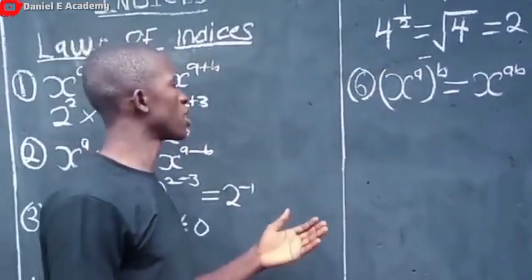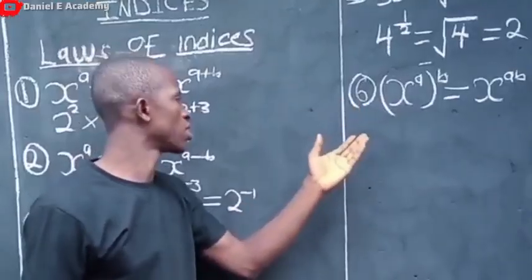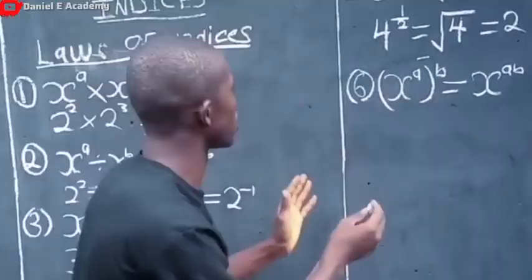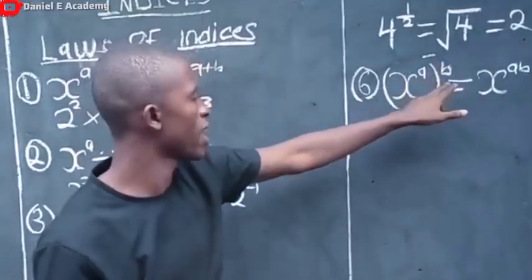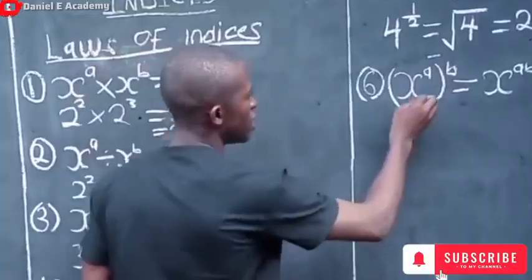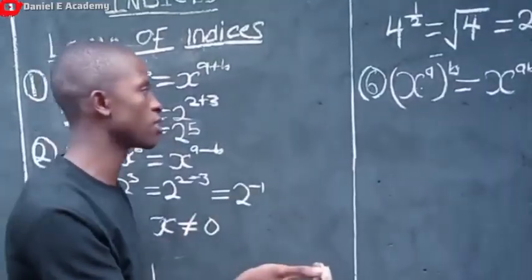What this law is trying to tell us is that whenever you have a number to a power enclosed in brackets and also to a power, the power outside the bracket affects whatever is inside the bracket, which is to multiply the powers.